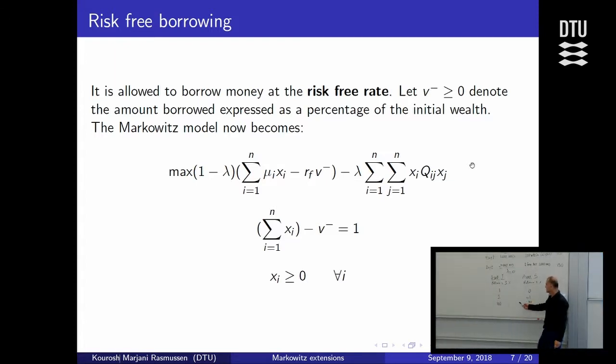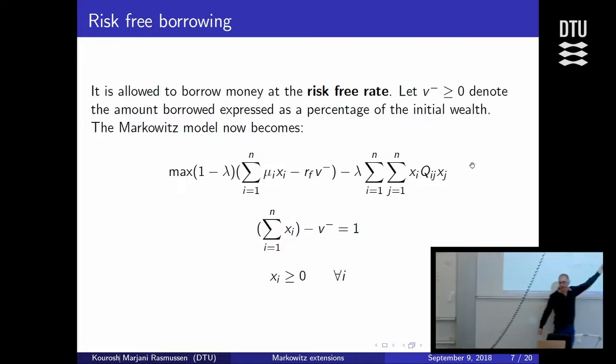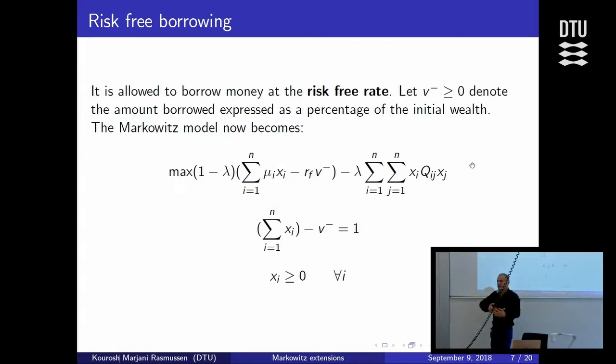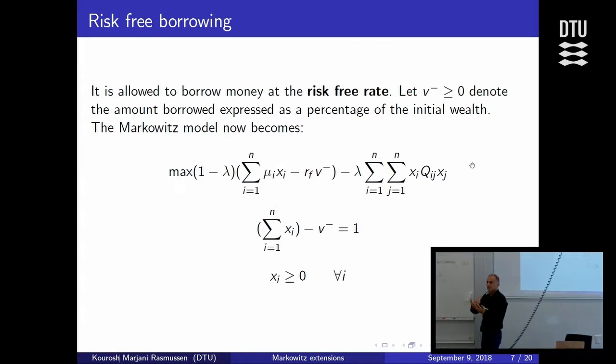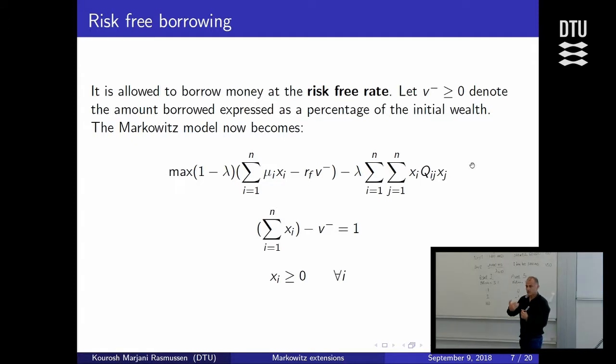So the sum of my x's can be 2 if my V minus is minus 1, which means this equation is still correct, right? So here I'm explicitly entering a variable that tells me how much I can borrow, and I can put a limit on it if I want as well.